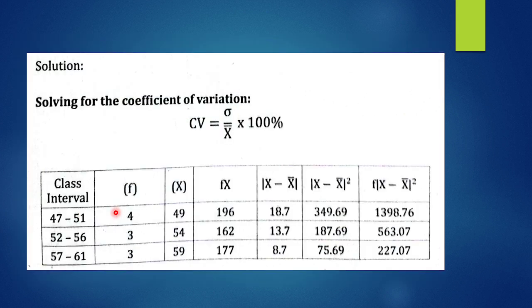But anyway, just do the process that we have discussed before. So let's proceed to the solution. Solving for the coefficient of variation, as we discussed earlier, CV, the coefficient of variation, is equal to the standard deviation over the mean of the data, and then the quotient multiplied by 100%. So this is the table that we will create based on the data given.